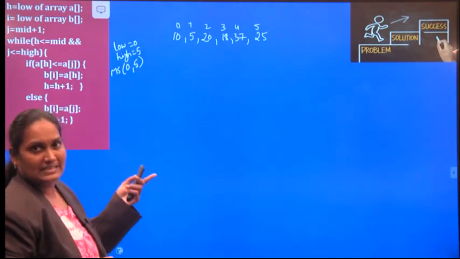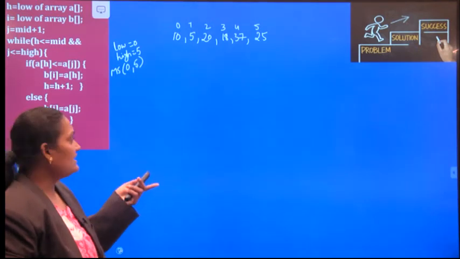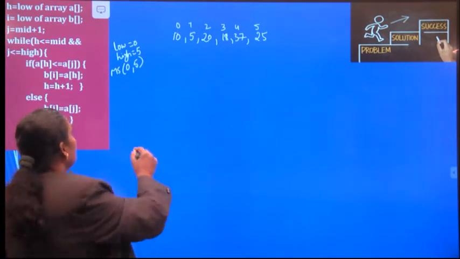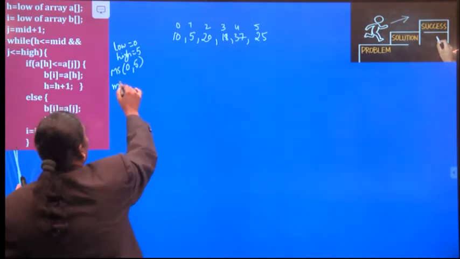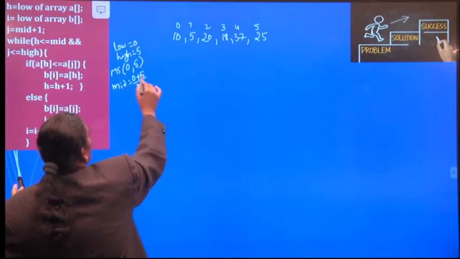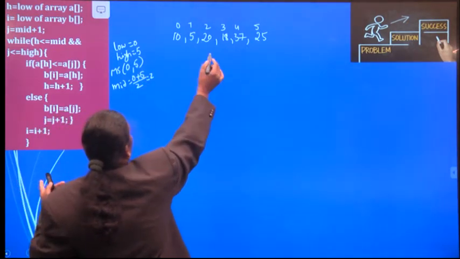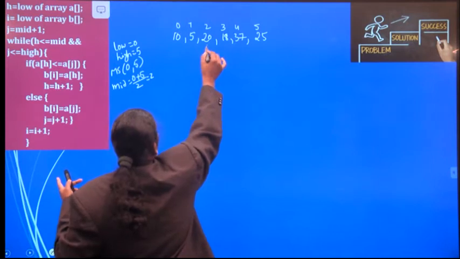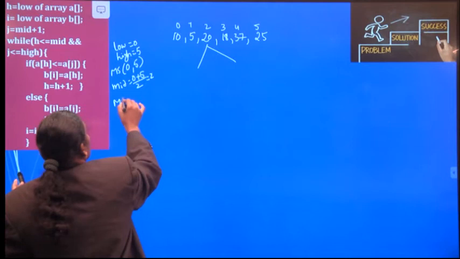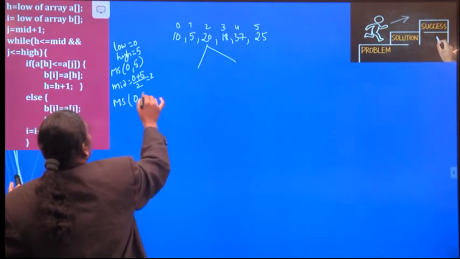If low is equal to high, in that case the array is already sorted. But the low value is less than high. In that case, what do we need to do? We need to find the mid value. Mid is equal to (0 plus 5) by 2, which gives 2. Now, in this case, we are going to divide the array at 2. That is, we are calling merge sort of 0, 2.